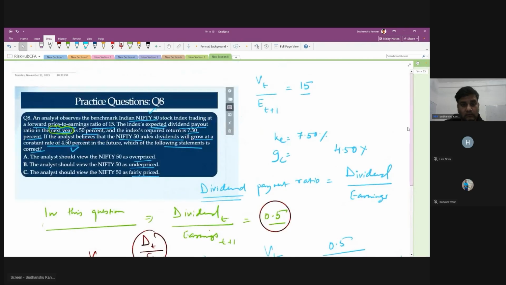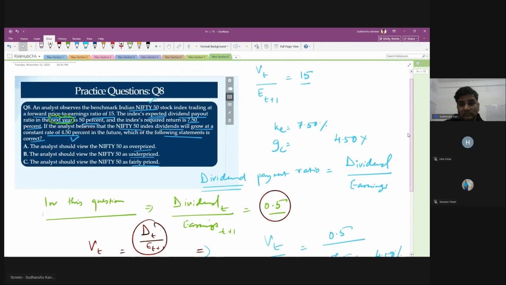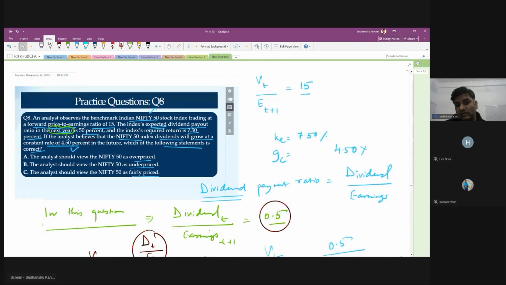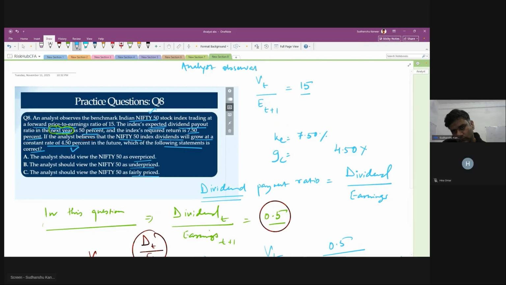Okay. Then the analyst has observed the forward price to earnings. This was the analyst's observation. The analyst's observation was 15. By your mathematical calculation, you got 16.67.